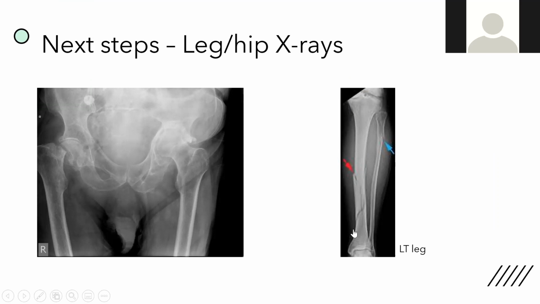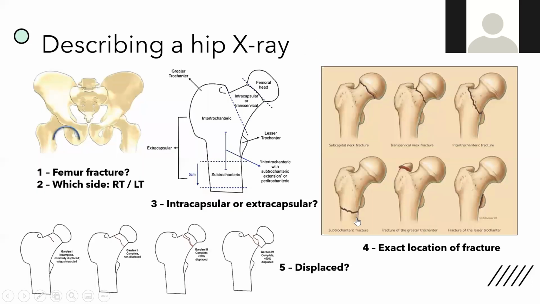And like we suspected, that might be the cause of the compartment syndrome. So you would bleep the orthopedic registrar who would come and assess this patient, and then they would continue the management from there on.